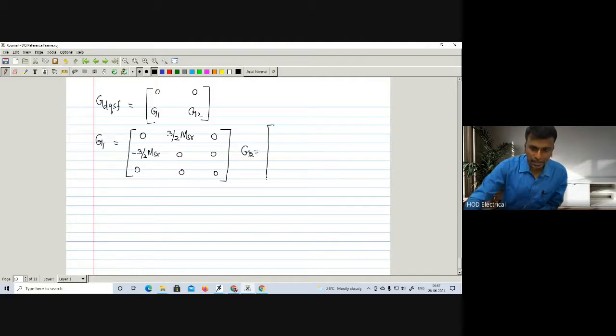The G2 matrix is 0, LLR plus 3 by 2 LMR, 0, minus LLR plus 3 by 2 LMR, then 0, 0, 0, 0, 0.